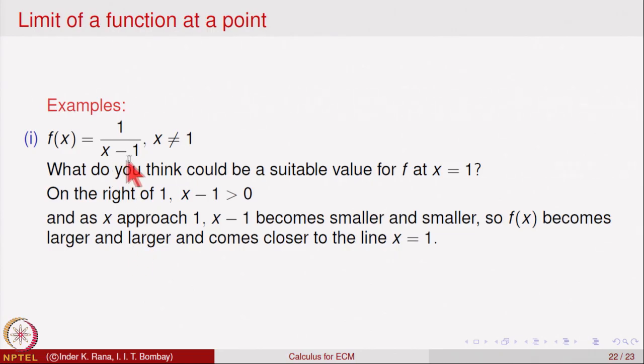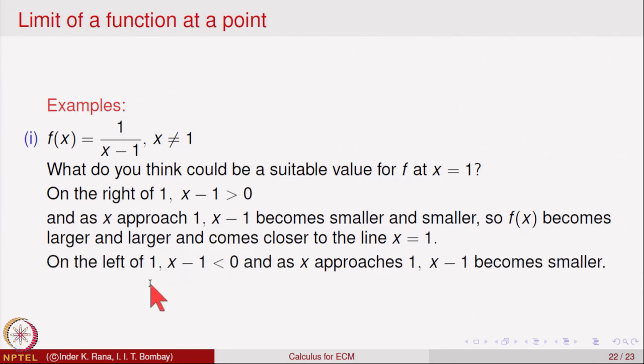However, if x approaches 1 from the right, x minus 1 is going to become smaller and smaller, so 1 over that is going to become larger and larger. So, as x goes to 1 from the right side, 1 over x minus 1 goes to plus infinity.